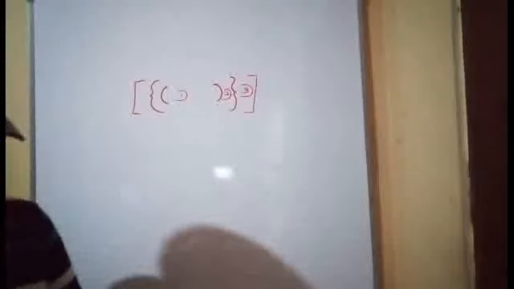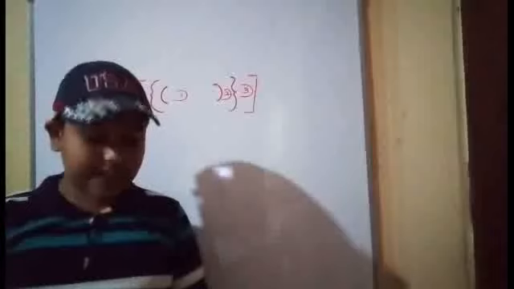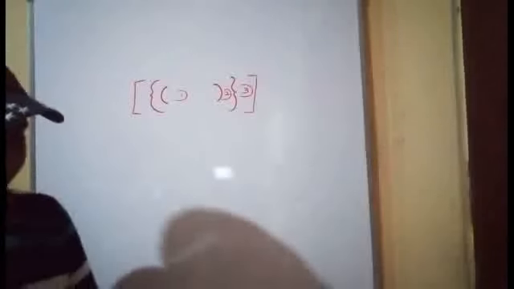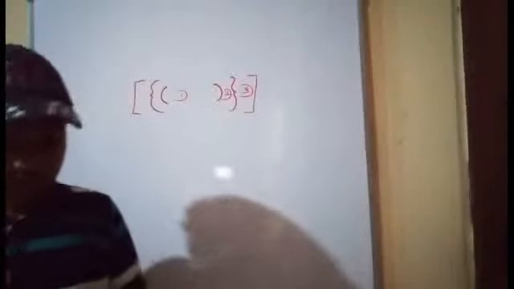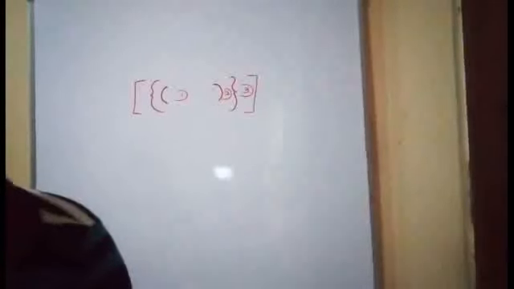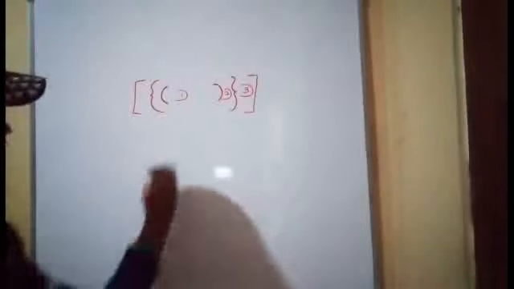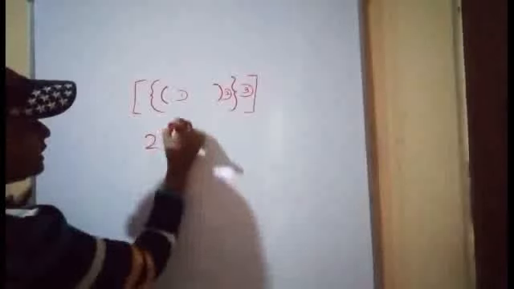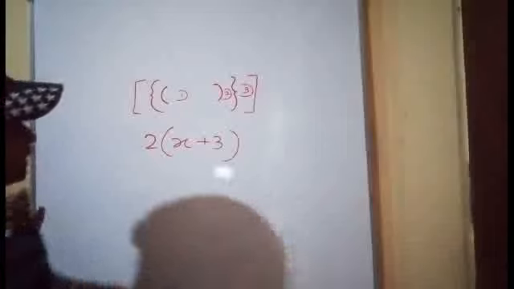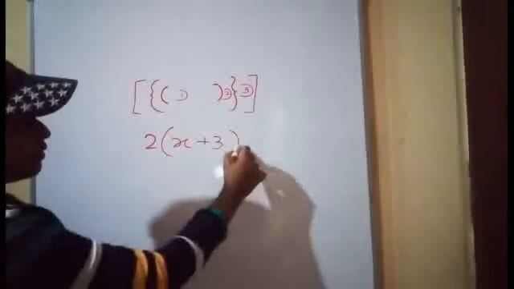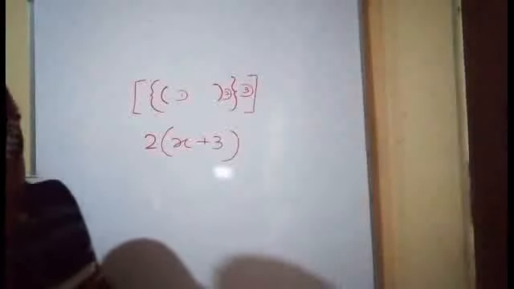If the number is x, when 3 is added we obtain x plus 3. Twice this expression can be written as 2 in brackets x plus 3 using parentheses. We can write parentheses and curly brackets.